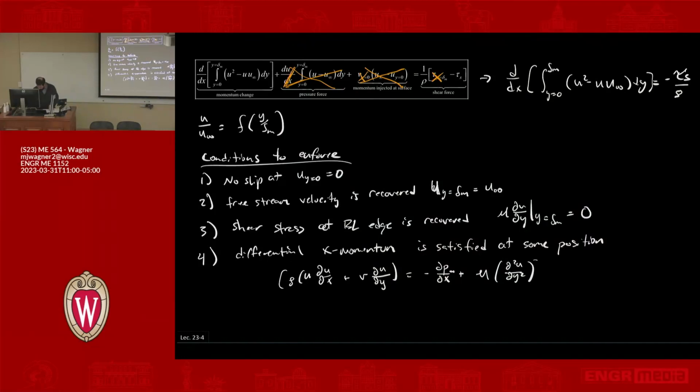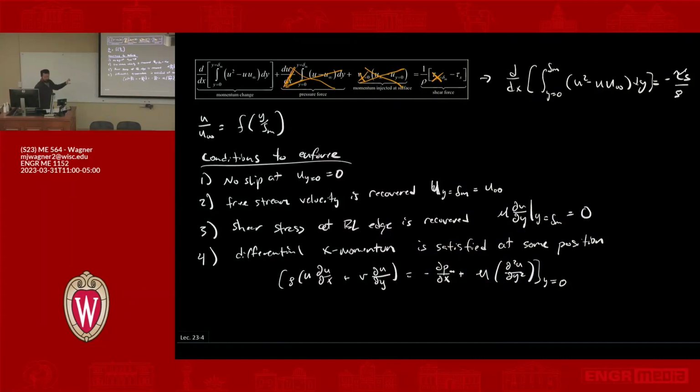All of that would be evaluated at some position. So we could evaluate that at y equals 0, for example, but you could do that anywhere, multiple times. So the conditions that you might want to enforce would be something like this.